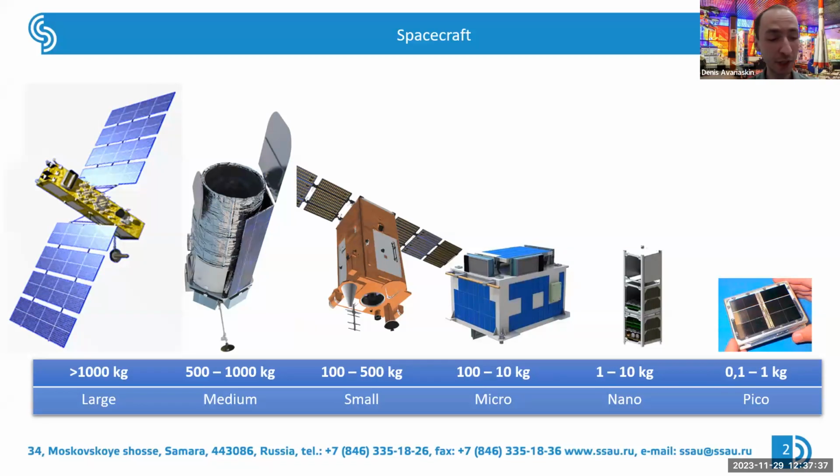So in Samara University, in Space Research Department, we try to teach our students using real spacecrafts, real satellites. We use nanosatellites. The advantage of this kind of spacecraft is that it's quite small and not as expensive as the large ones.